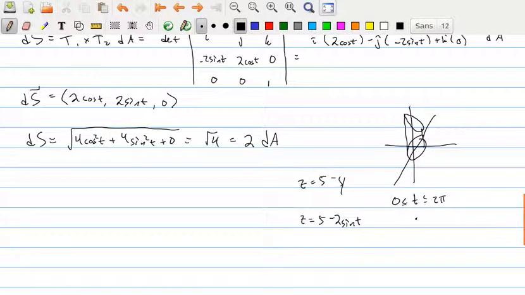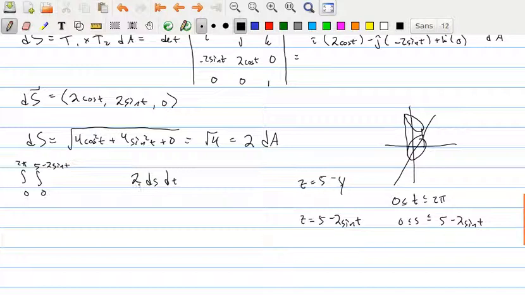And since z, which is s, is going from 0 up to this top surface, 5 minus 2 sine t, those give us our limits of integration. So we're going to integrate from 0 to 2 pi dt, from 0 to 5 minus 2 sine t ds. And then we've got this 2 in here that we had before.